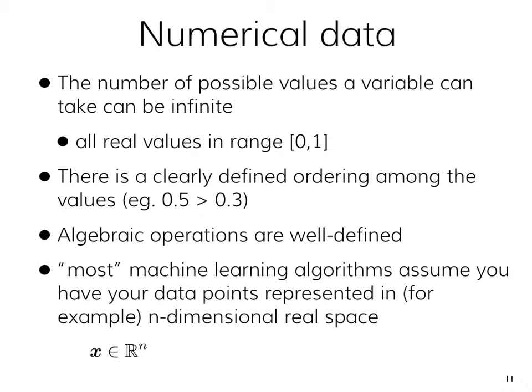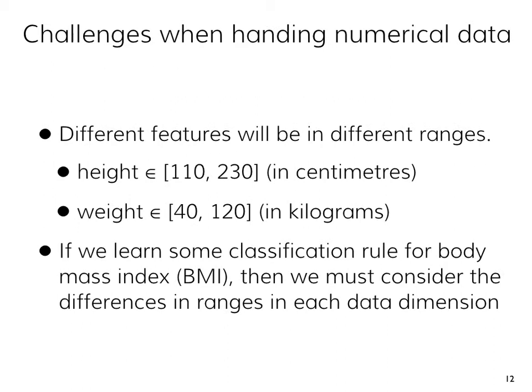On the other hand, with numerical data, you can do things like addition, multiplication and things like that, and you can order your numerical data points because there's a clearly defined total ordering. We will be using this notation R to the power n to indicate that we have an n-dimensional real valued vector space, and x is a particular vector in this space.